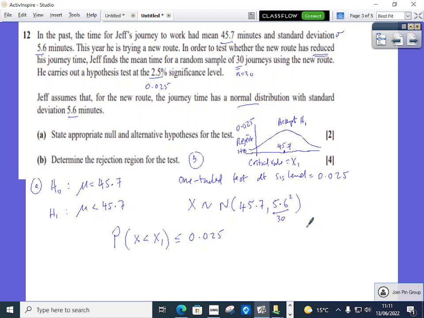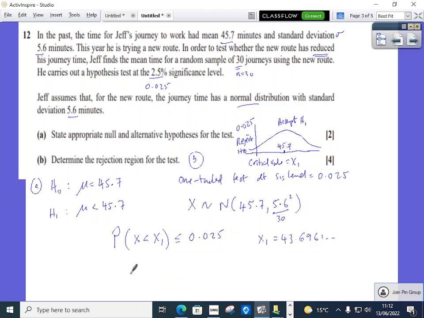You should get 1.0224, and then the mean is 45.7. Now this tells me that x1 from the calculator is going to equal 43.696, and so on.